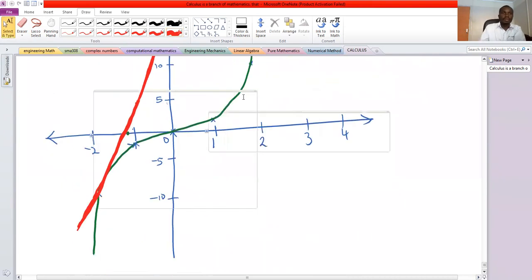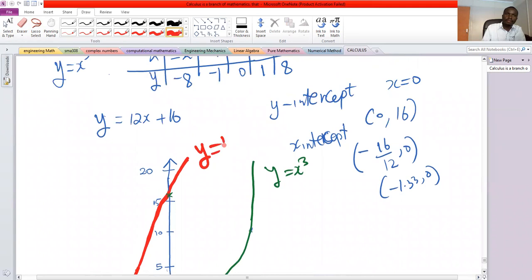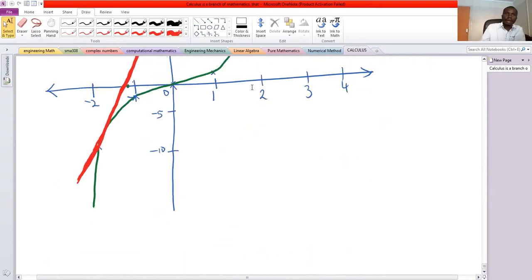So y equals 12x plus 16. So that's how we solve those two problems. Thank you.